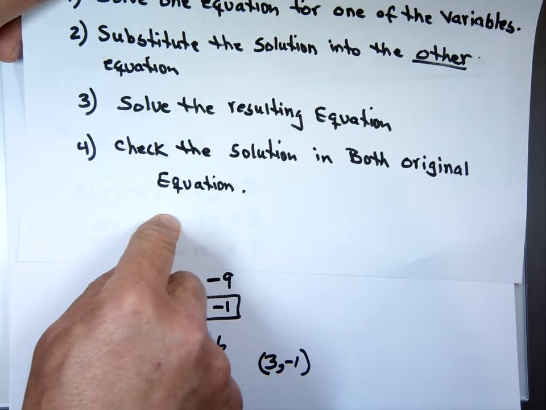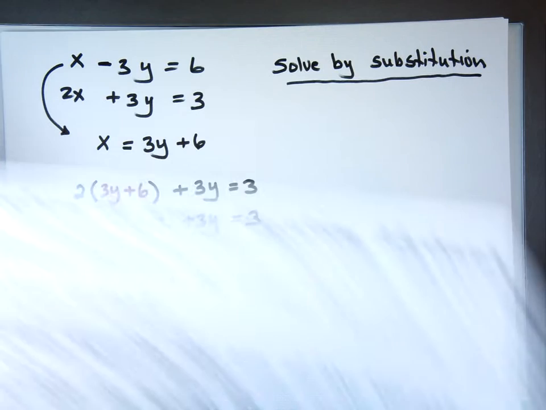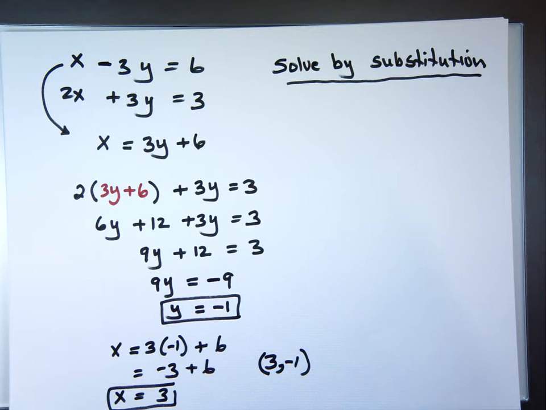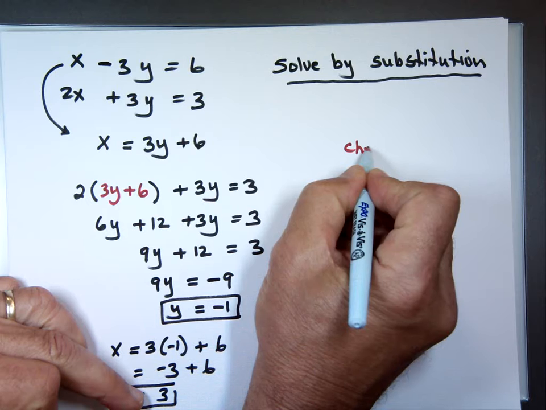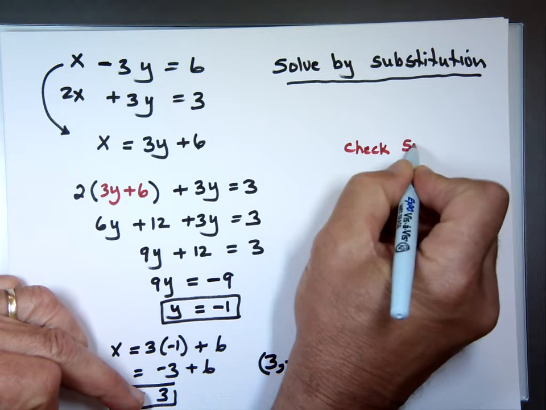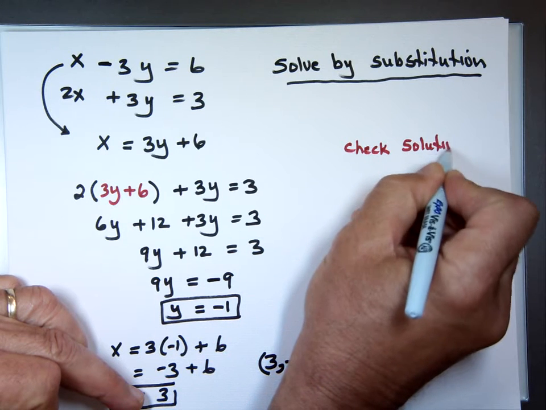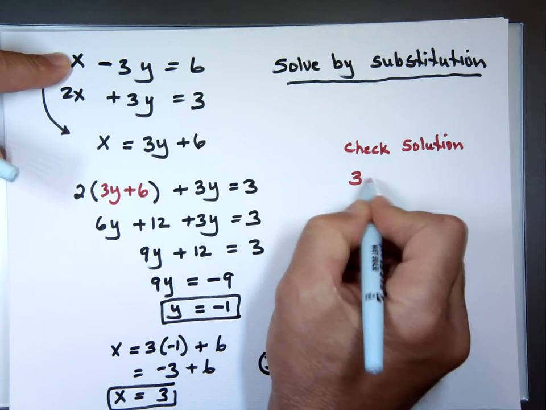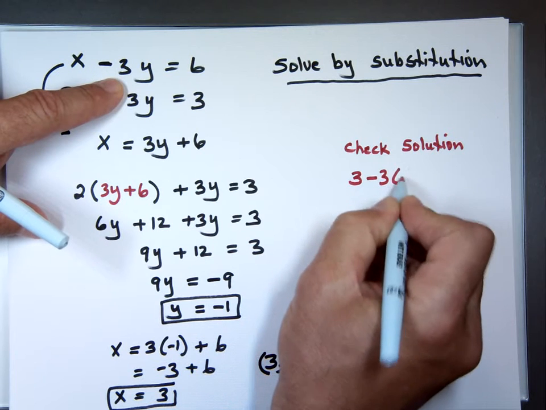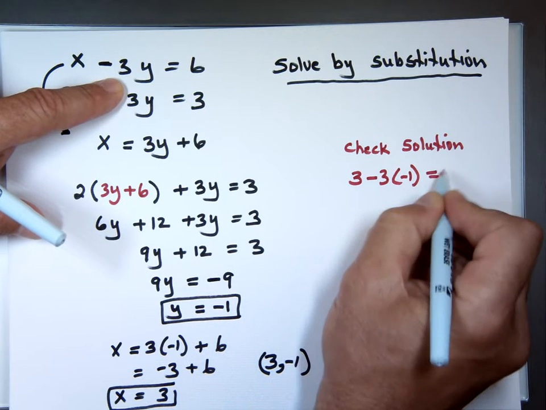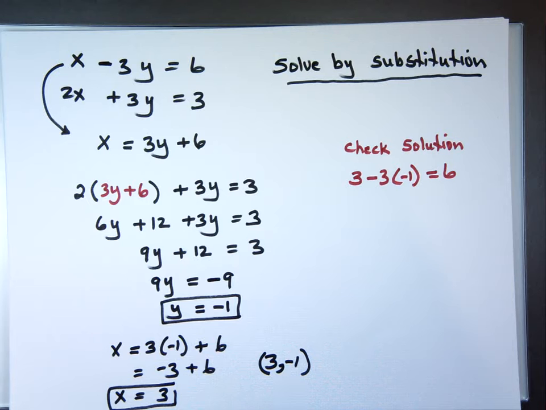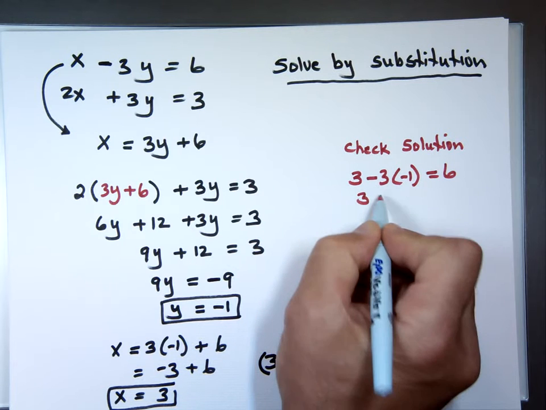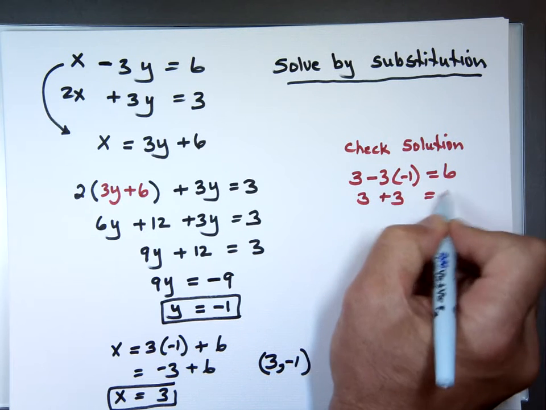See if they work. Let's check them. I'll use red color to check them. So I'm going to check the solution. X is 3, y is negative 1. Is 3 minus 3 times a negative 1 equal to 6? Is 3 plus 3 equal to 6?